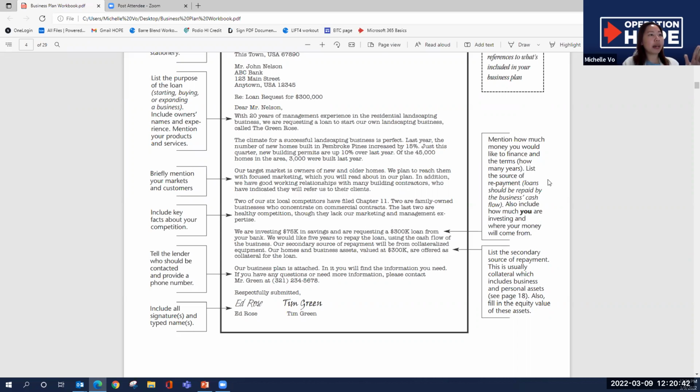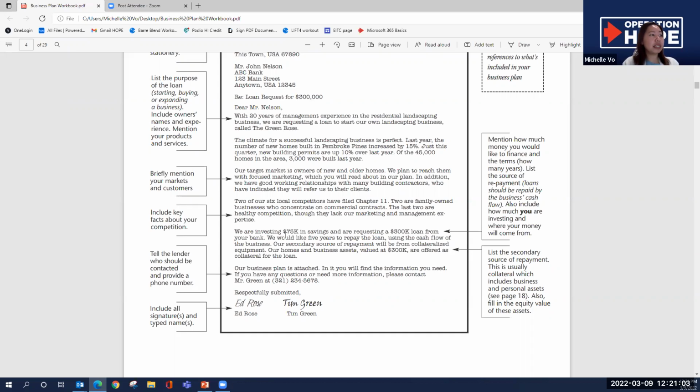Then you can talk about how much money you need to finance and the term, how long you need the loan for. List out the source of repayment: how are you planning to repay the loan? Also include how much you are investing and where your money will come from.